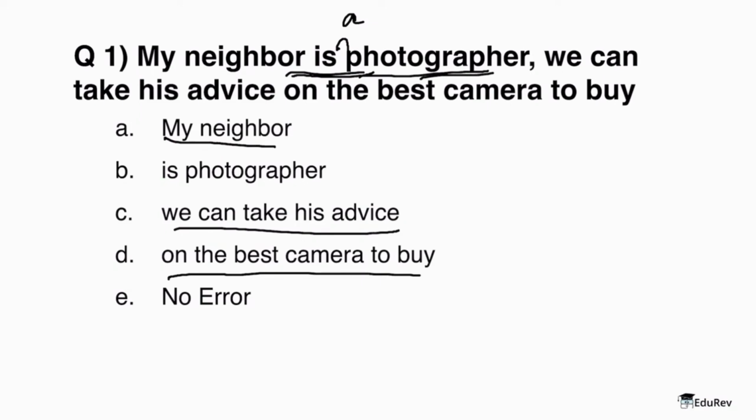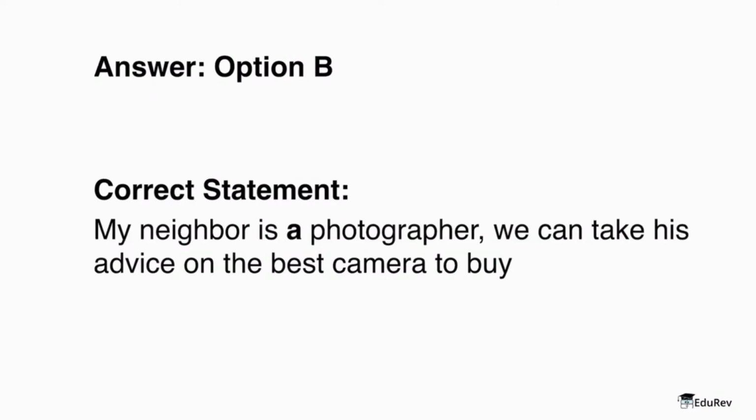And the plural of a photographer is photographers. So you always need an article before these types of nouns. And here our article would be a. So the correct sentence is, my neighbor is a photographer and we can take his advice on the best camera to buy. And the correct answer is option B.